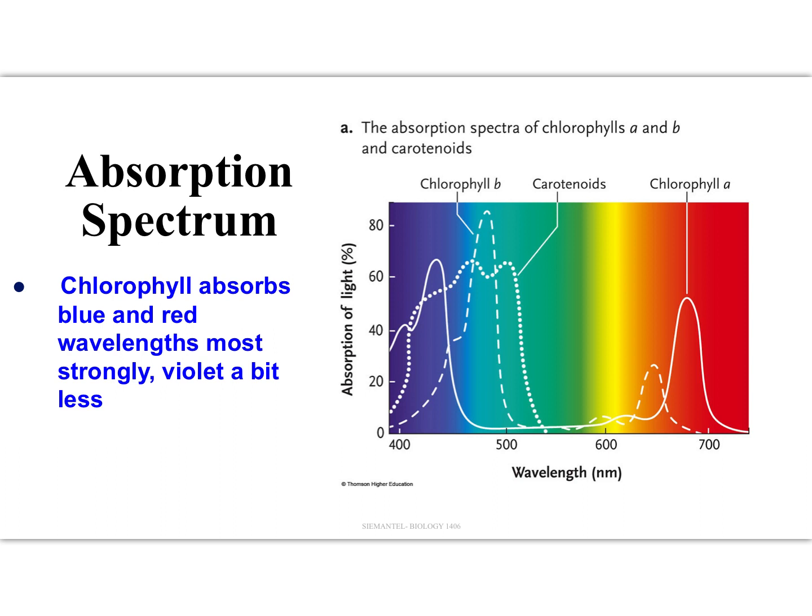So the three pigments absorb in slightly different areas, but chlorophyll, being the main pigment, absorbs in the blue and red wavelength areas most strongly, because that's where the graph is tallest, and then a little bit in the violet areas. So I'm going to use my laser pointer to show this.